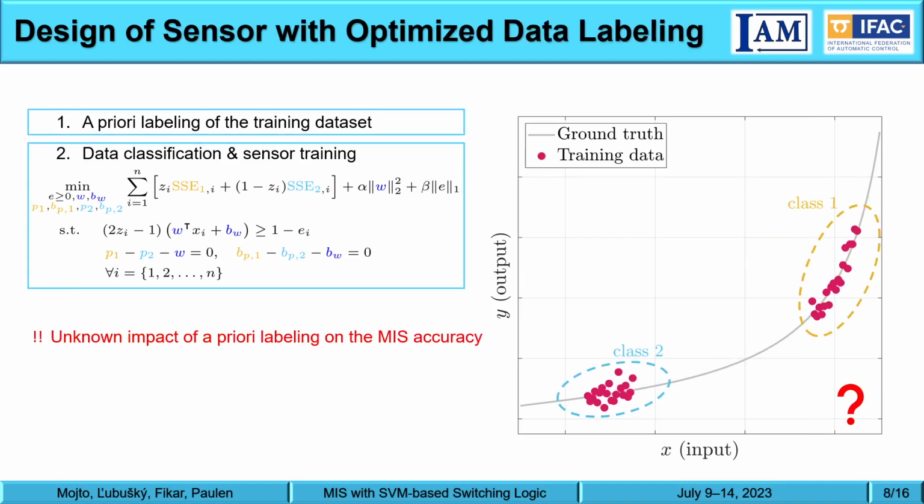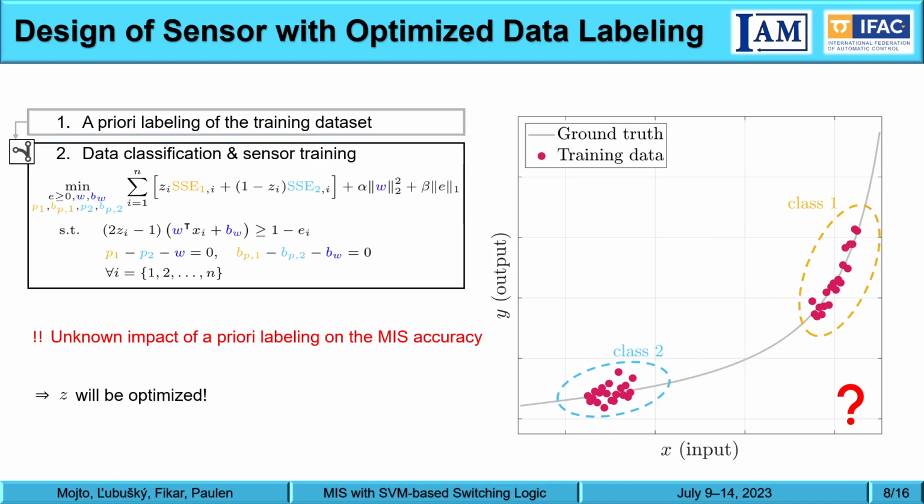But we can go further and provide the solution to the second challenge, which is about the unknown impact of the a priori labeling on the multimodal inferential sensor accuracy. Here we can effectively use the binary variables, which define the assignment of the data into the different classes.